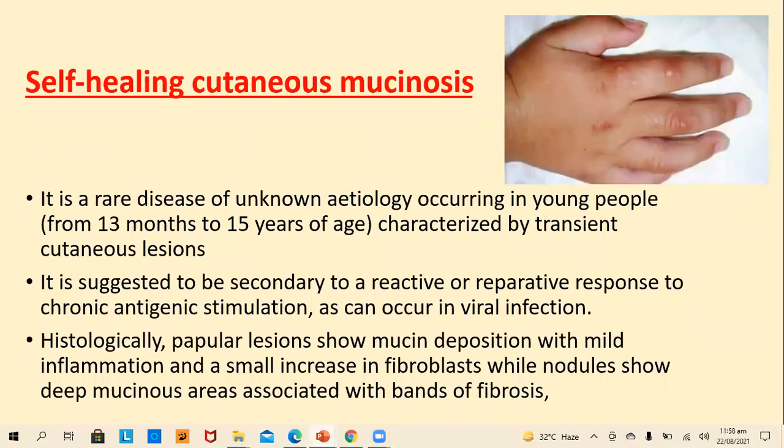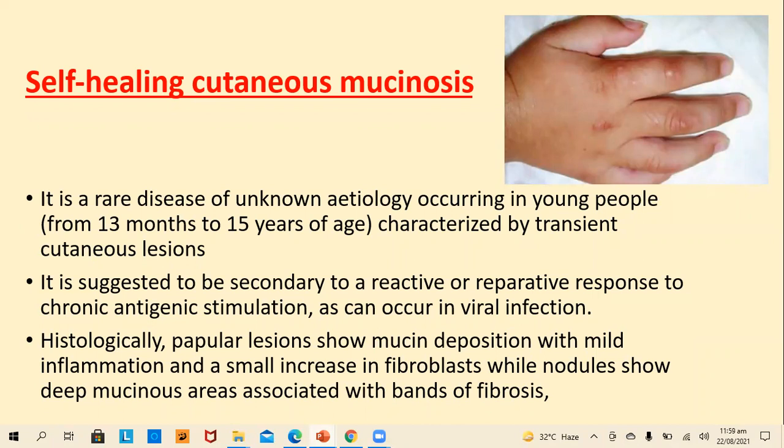The second of the focal cutaneous mucinosis, primary type, is a self-healing cutaneous mucinosis. It's a rare disorder of unknown etiology in young people from 13 months to 15 years, characterized by transient cutaneous lesions.